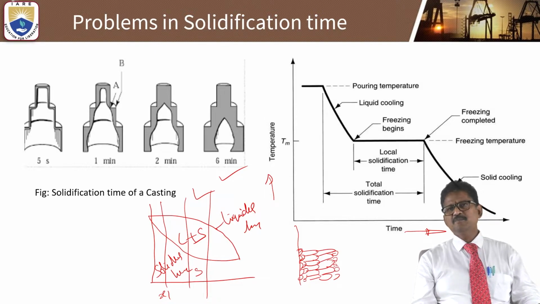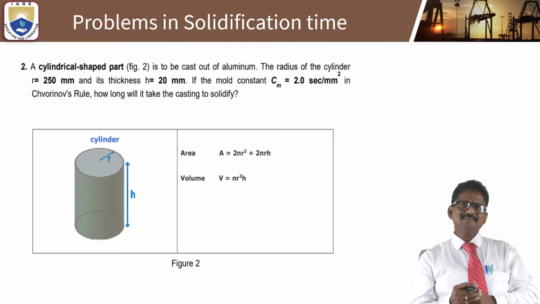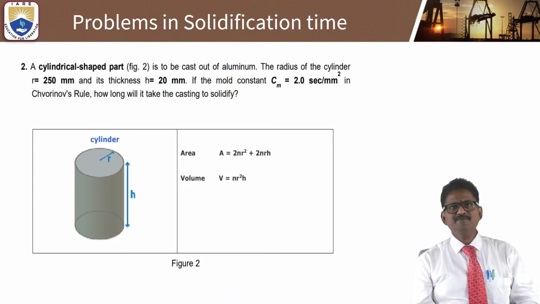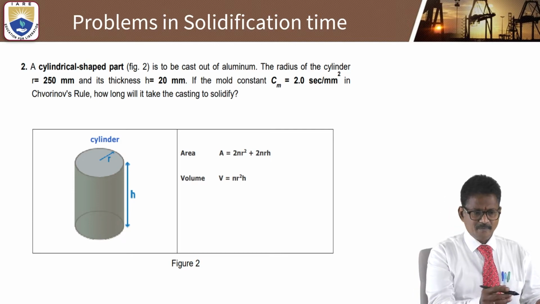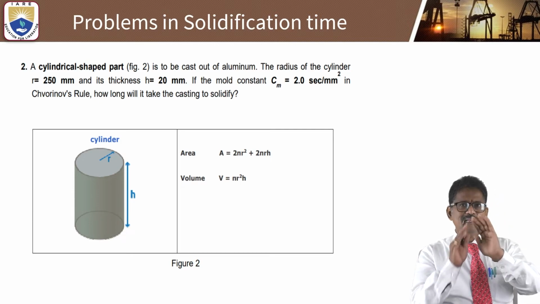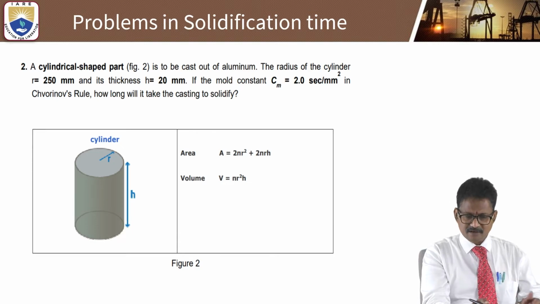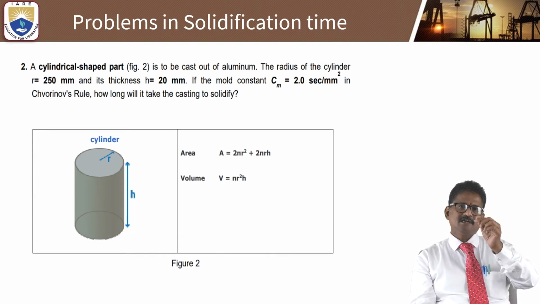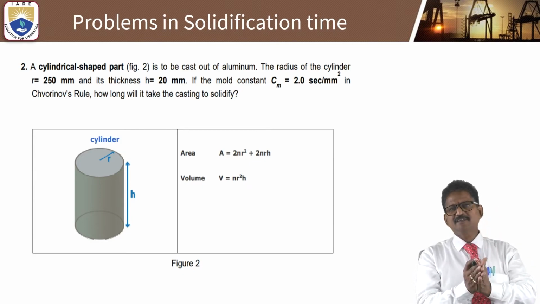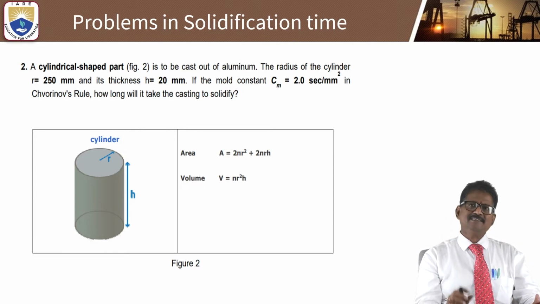I hope you students now let us see an important problem on solidification time. These types of problems are frequently asked in the GATE examinations. Look at the problem: a cylindrical shaped part. Cylinder means there is a radius, the top and bottom are circular in shape, and the height is h.